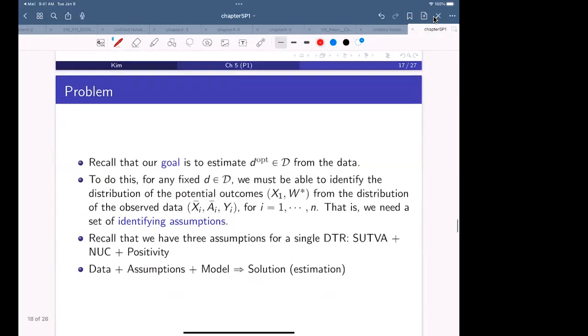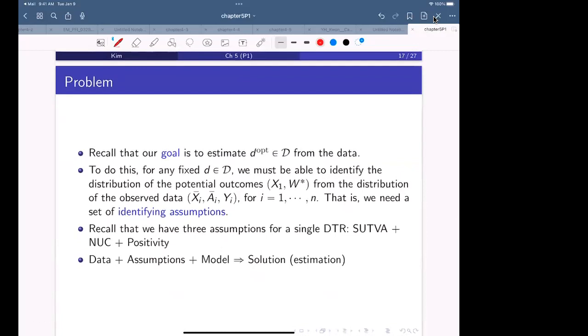Now the natural question. Recall that our goal is to estimate the optimal decision from the data. To do this for any fixed rule d, we must be able to identify the distribution of the potential outcome from the distribution of the observed data.